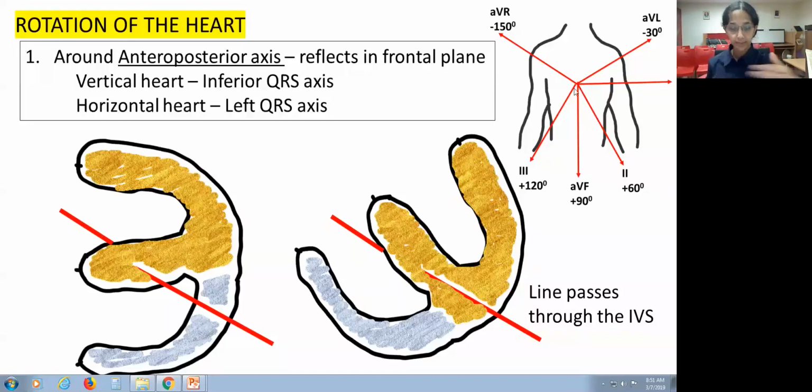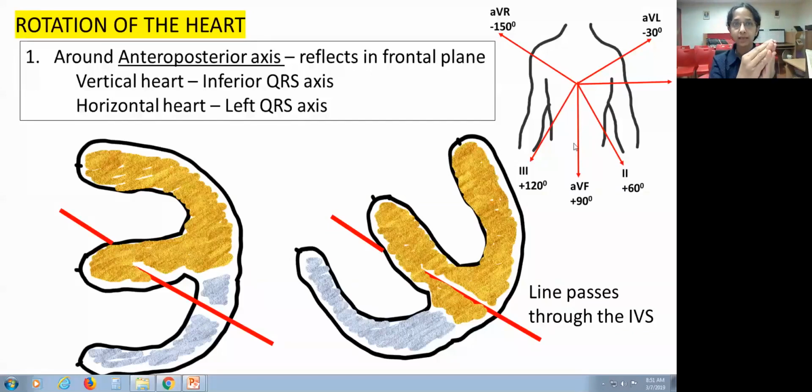So you can imagine your frontal plane, which is like this, and your axis is like this, anteroposteriorly. Your axis is from anterior to posterior across the frontal plane. So imagine this heart, which is rotated like this. The heart rotates like this, like this.